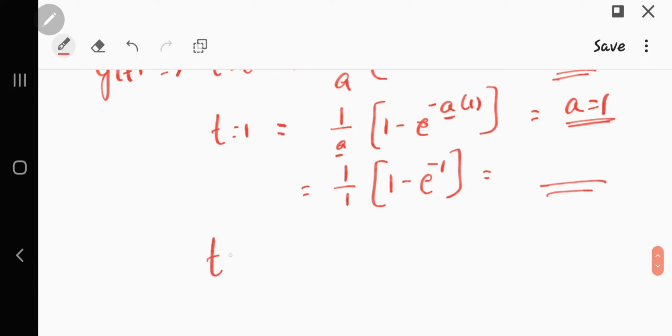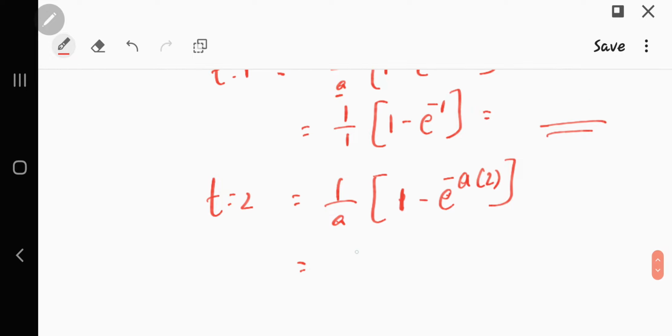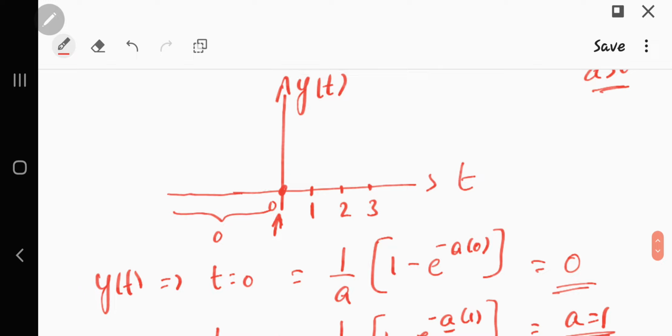Now if you go for t is equal to 2, then also you can observe 1 by a into 1 minus e to the power of minus a into 2. So again we have to substitute the value of a to get the amplitude. So that means the amplitude will be depending on this term 1 by a multiplied with this entire value. So that means you will get an increasing signal here, okay, at 1.